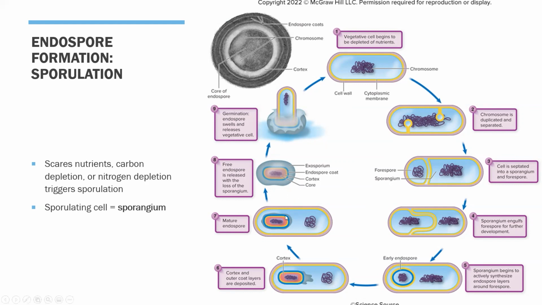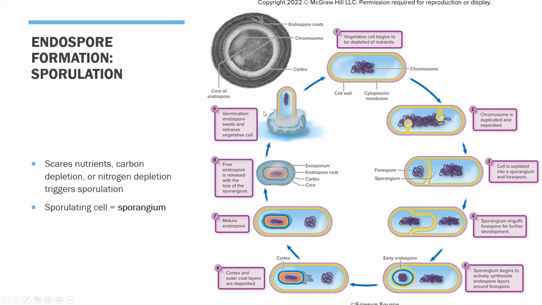Finally, it finishes producing the endospore, and then it can be released. And you can see all the layers it has. It has a core, the cortex, and a nice little coat on it. And it has an exosporangium around the outside. So multiple layers of protection. And then if the conditions improve, it could be a month, a year, 10 years, 20 years in between here.